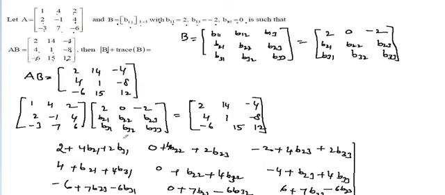This is the product of the matrix AB, which is given as 2, 14, minus 4, 4, 1, minus 8, minus 6, 15, 12.